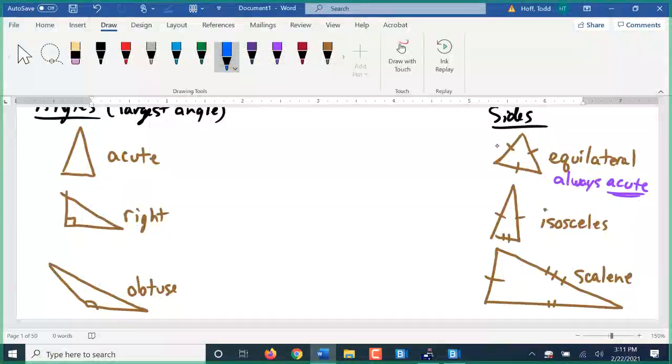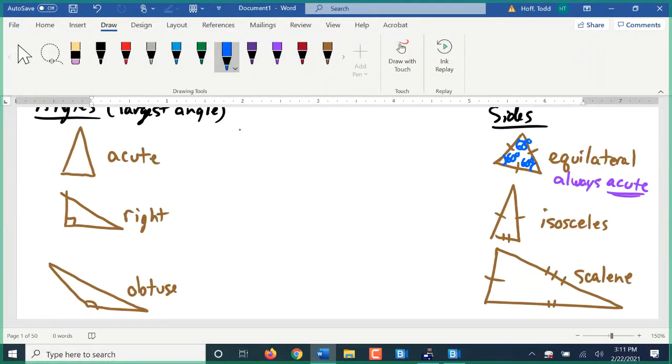They're all the same, because the single arc means that those angles are the same, because the sides across from them are all the same. If one angle is bigger than the other, the side across from it would have to be bigger than the other sides, and that can't be in an equilateral triangle. So an equilateral triangle is always acute, and all the angles are always the same and they add up to 180.